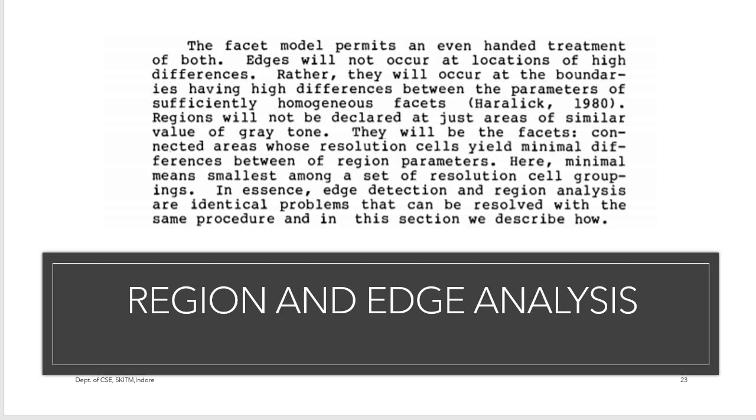We are trying to increase the area by looking for similar types of pixels, which are near to the place that we have considered or near to our region. So edge detection and region analysis are identical, and they can be solved with the same procedure, in the same way in image processing.